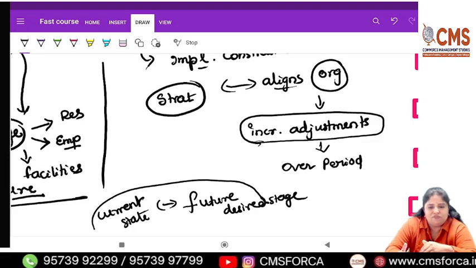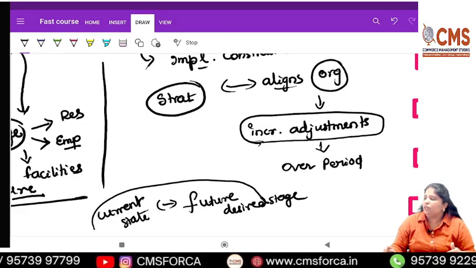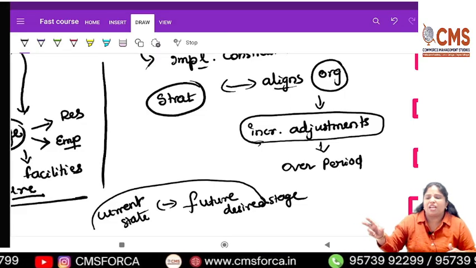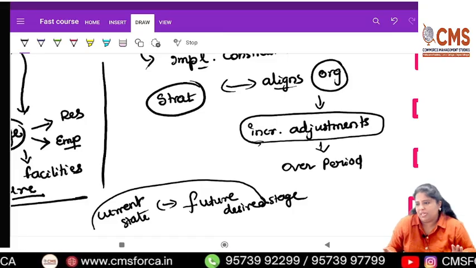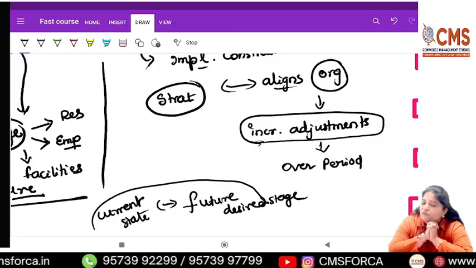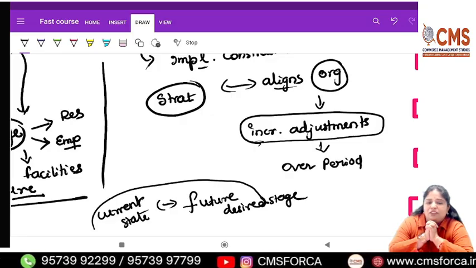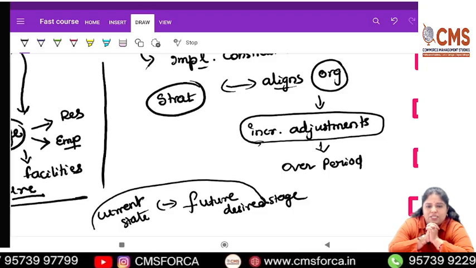Keeping all these factors in mind, a strategy has to be formulated. So you understood that implementation of a strategy is also going to affect your future strategies being formulated.